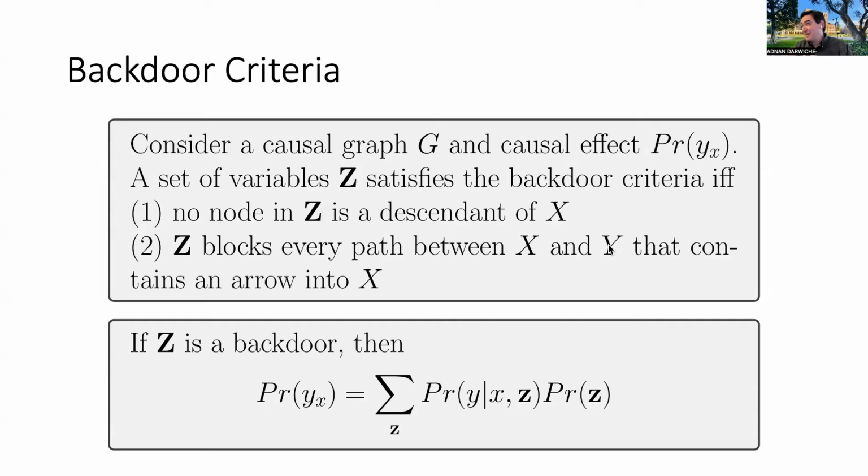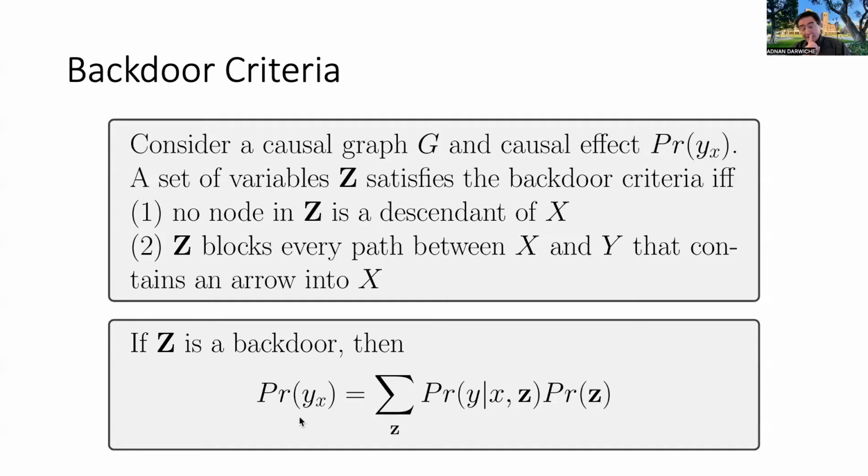I'm not interested in every path between X and Y. I'm only interested in those that contain an arrow pointing into X. There are many paths between X and Y, and I only care about the ones that have an edge going into X. I want them all to be blocked by Z. And moreover, I want Z not to contain any descendant of X. If these two conditions are met, I will declare Z a backdoor, and then I can use it to invoke this formula. So if X, Y, and the backdoor are observed, I'm done, and the causal effect is identifiable.